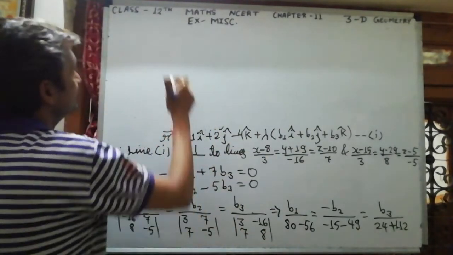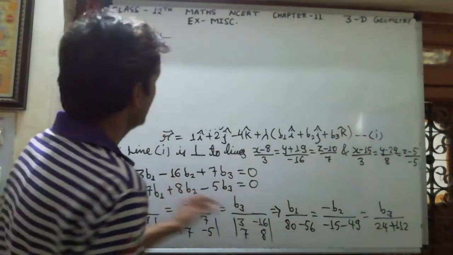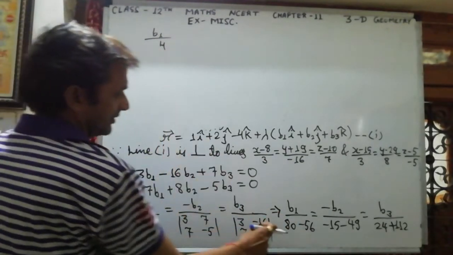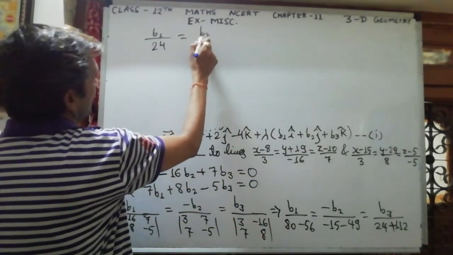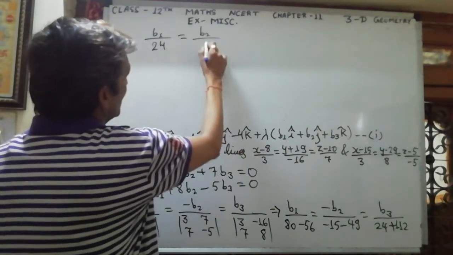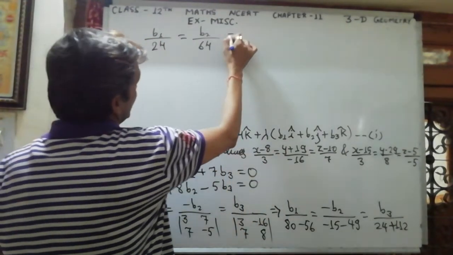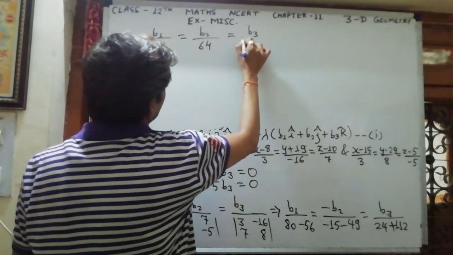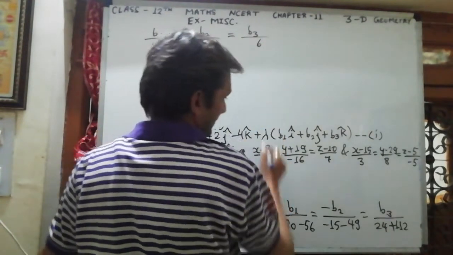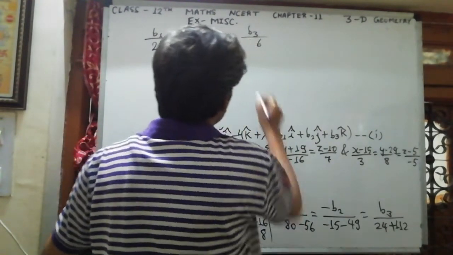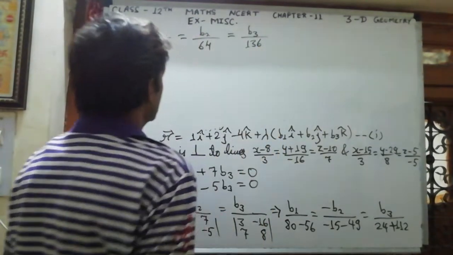So b1 upon 80 minus 56 is 24, equal to b2 upon minus 15 minus 49 is minus 64, and that is equal to b3 upon 24 plus 112 is 136.